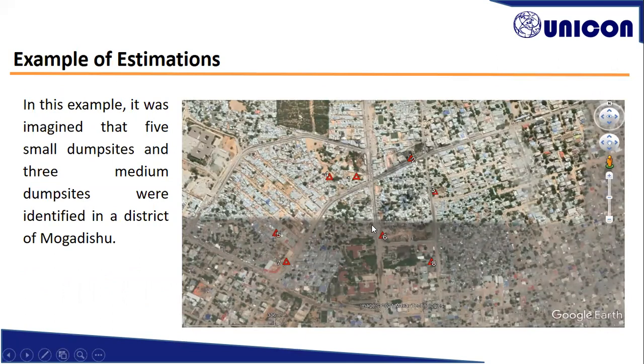Now, as anticipated, I'm going to discuss a practical example, in which it was imagined that 5 small dump sites and 3 medium dump sites were identified in a district of Mogadishu. This is just an example, but this figure was taken from Google Earth. So this is a real area of Mogadishu.